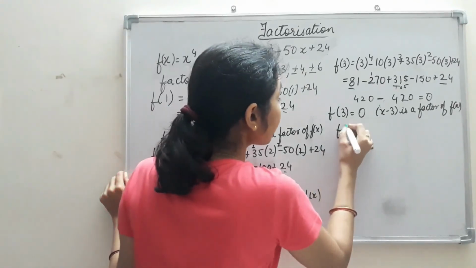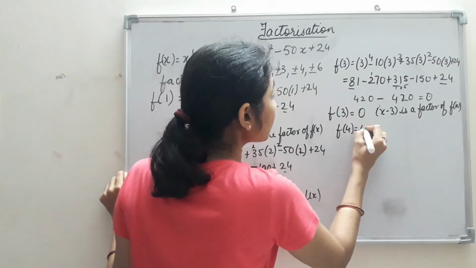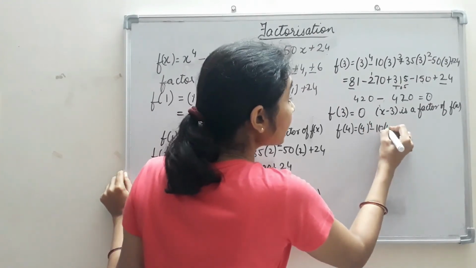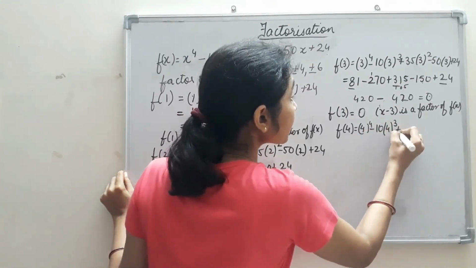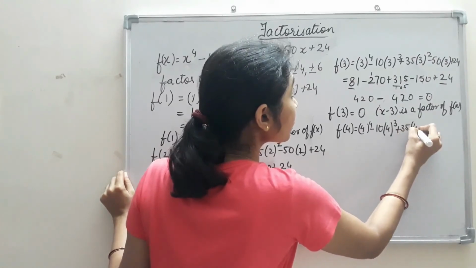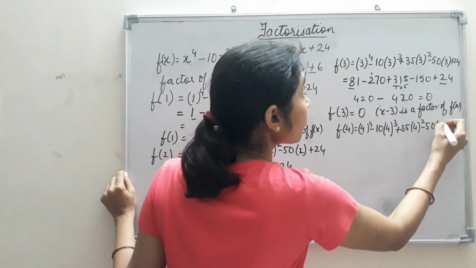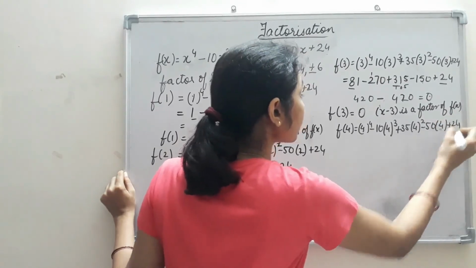So here f function of 4 is equal to 4 raised to the power 4 minus 10 into 4 raised to the power 3 plus 35 into 4 square minus 50 into 4 plus 24.